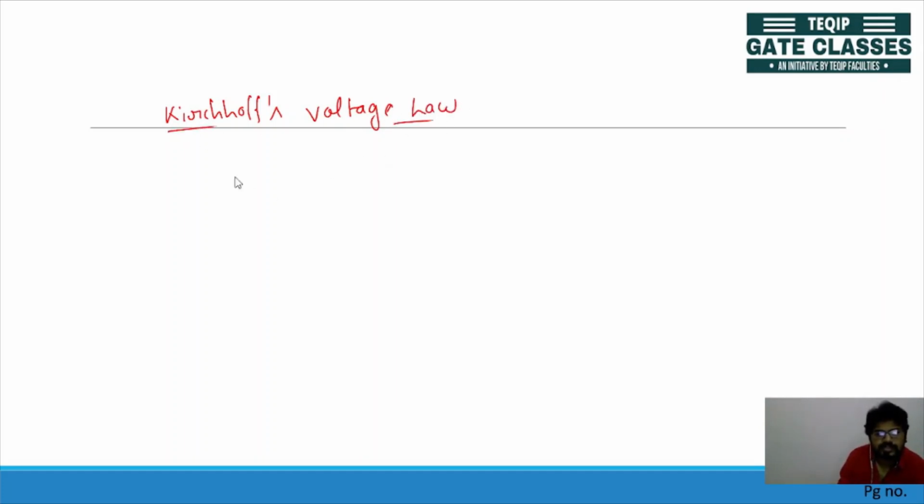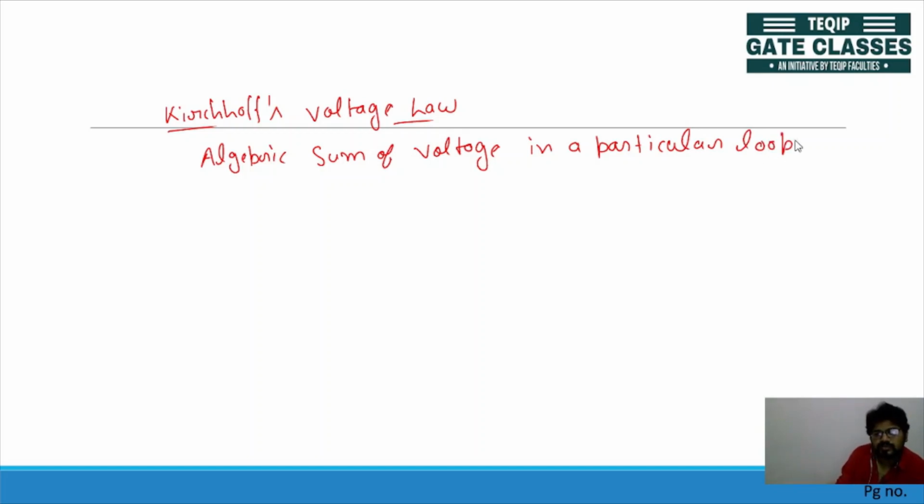Kirchhoff's voltage law states that the algebraic sum of voltages in a particular loop is equal to 0.